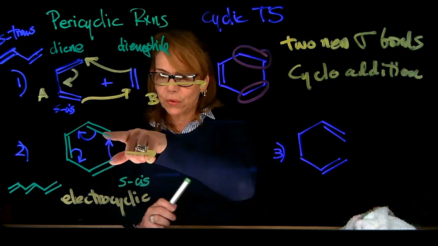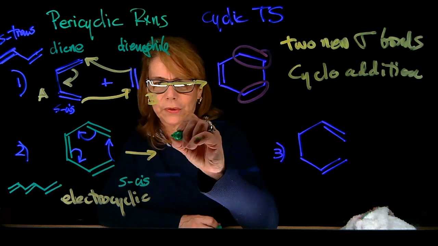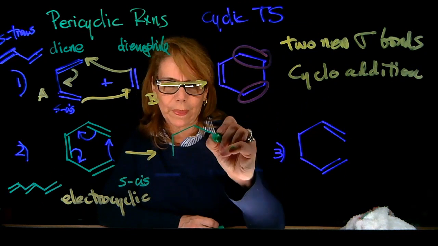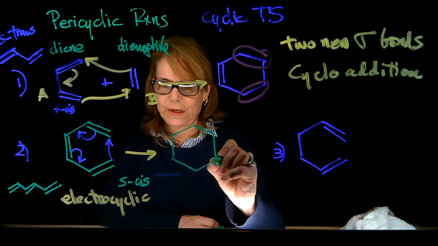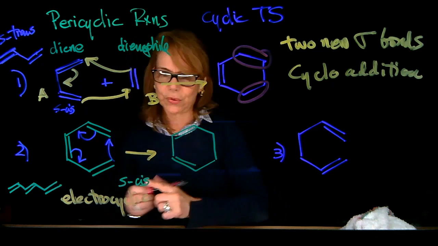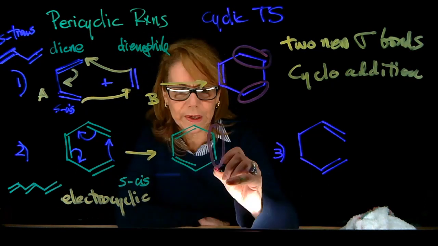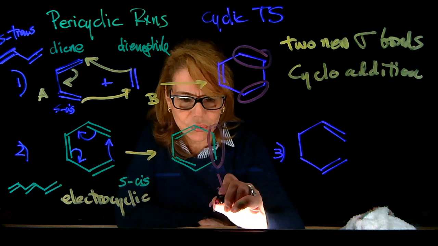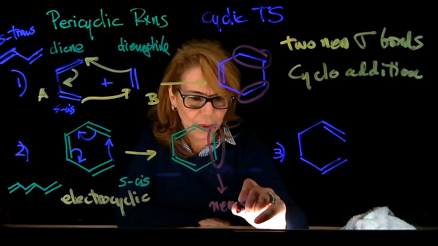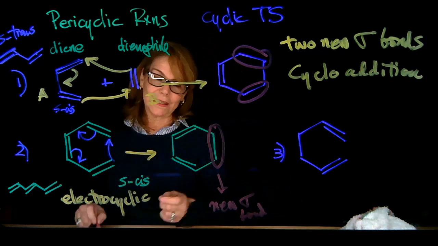So when we do this reaction, what are we forming? We're making a new sigma bond here. Let's just draw the skeleton and let me go over that. What is new here? This bond, right? So we have one new sigma bond here, and that is electrocyclic.